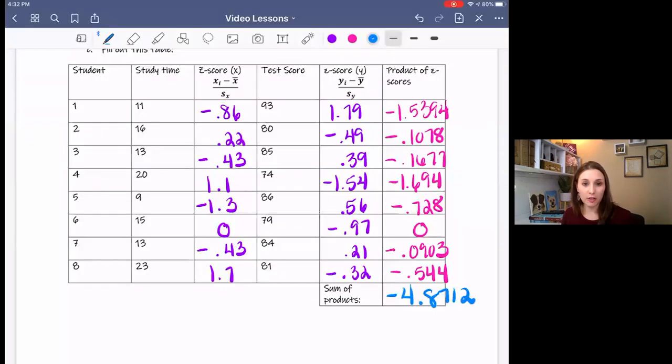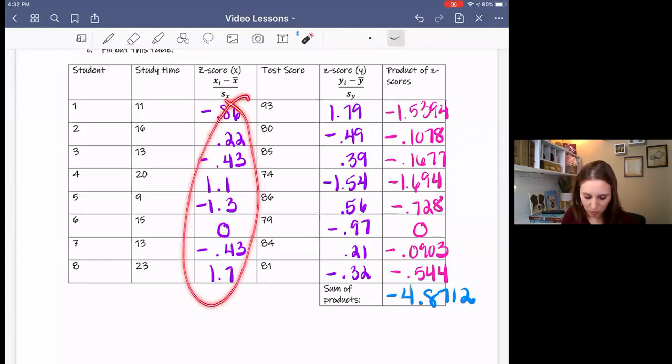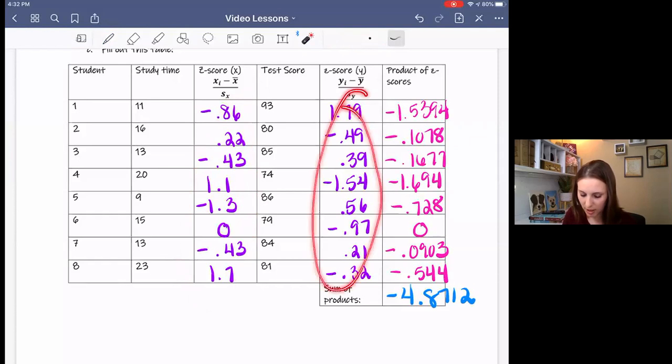All right, so you should have gotten these values for your table. You might pause it and check all your values to make sure that they match. I did about 2 decimal places on these, and 4 decimal places on these, just because I wanted to make sure it was accurate and didn't get any rounding error.